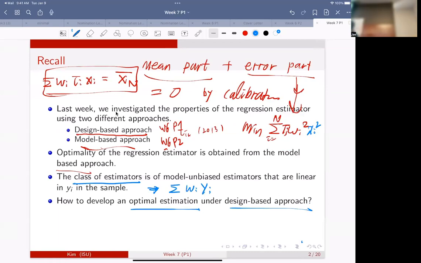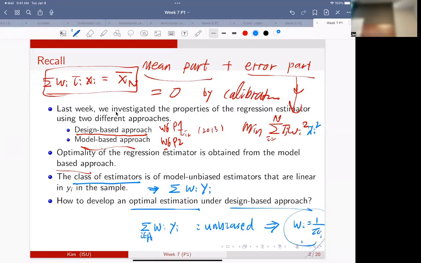But in the design-based approach, if you consider this class, then there's no hope. Because in the design-based approach, suppose this is design unbiased, then it means w_i has to be 1 over pi_i, right? No hope.